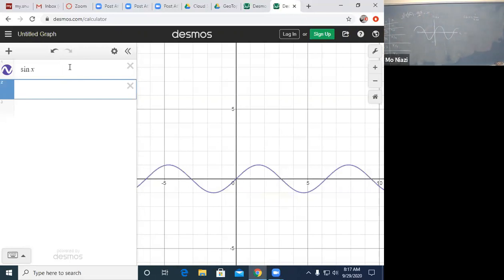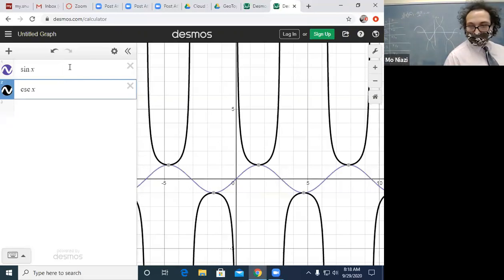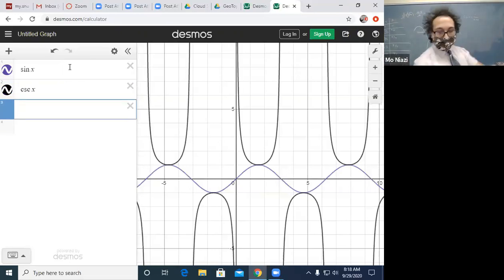So what does cosecant look like? Actually, you'll realize that it just looks like this. Isn't that cool? Boom. Isn't that cool?